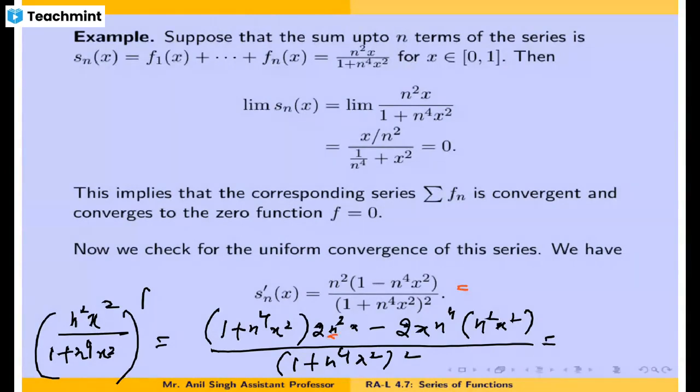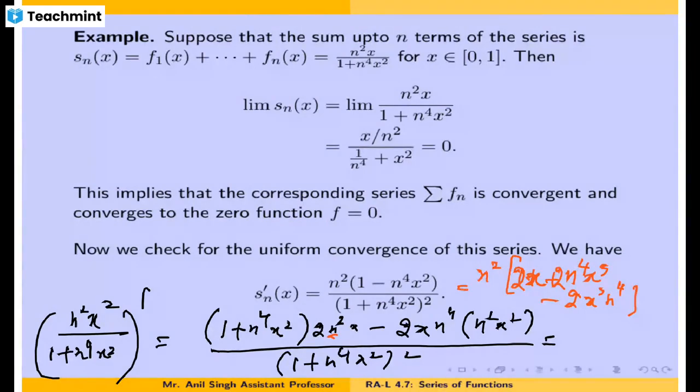What is left is 1 plus n to power 4 x square, minus 2 n to power 4 x square.